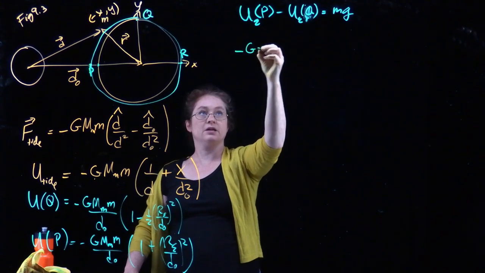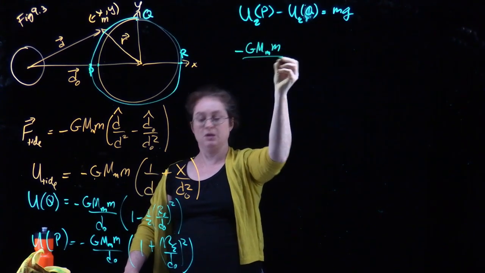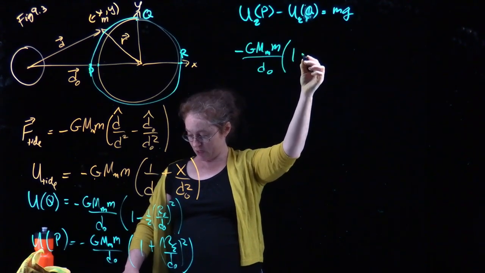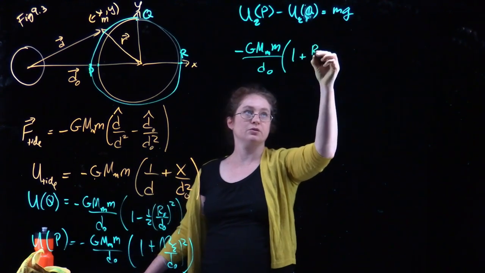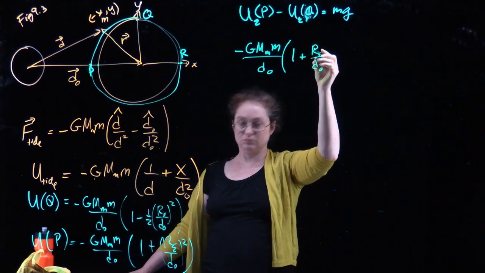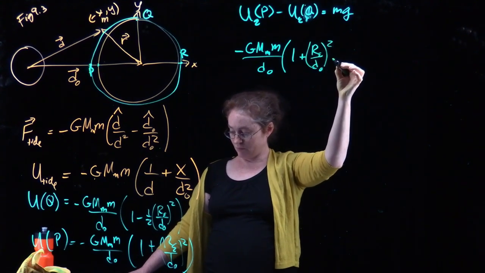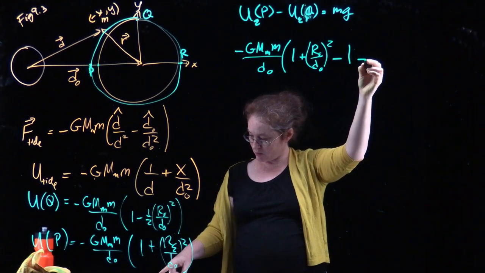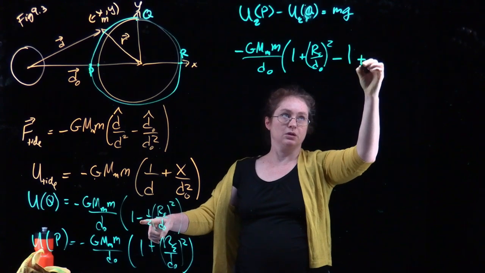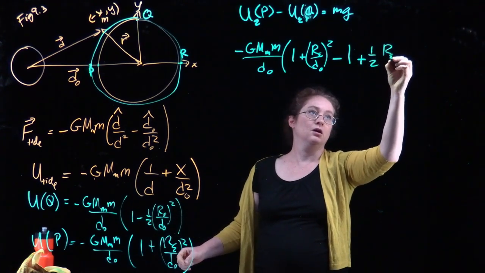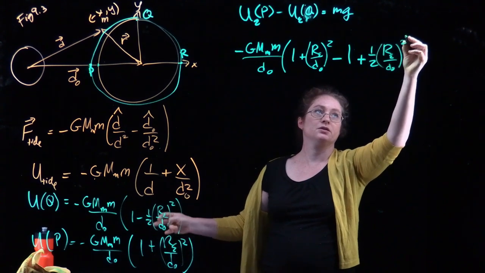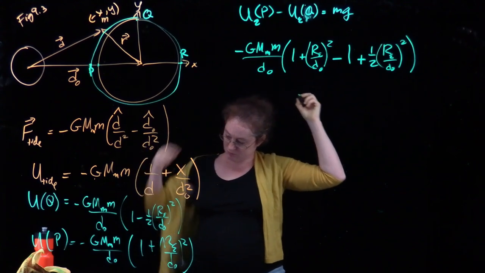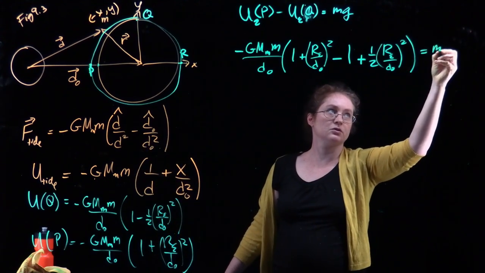So we get negative GM over d naught, 1 plus this term minus 1 plus 1/2 RE over D naught quantity squared, equals mgh.